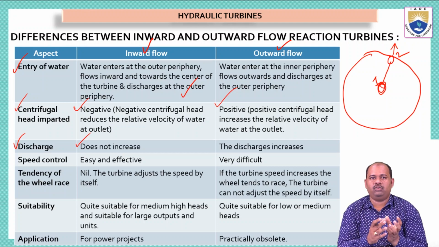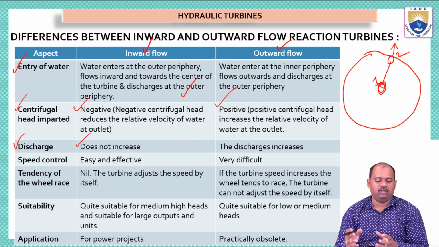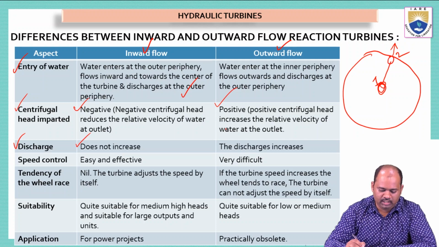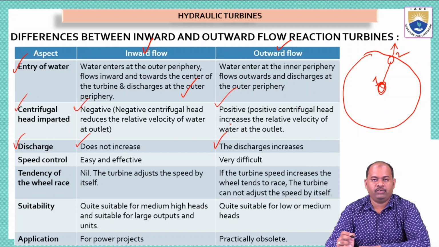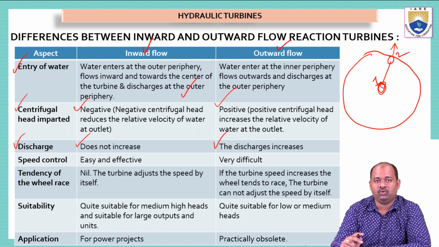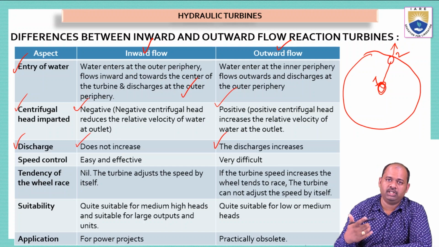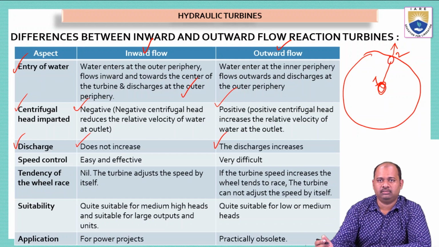The amount of water coming out of the penstock will directly come out through the draft tube. In the outward flow reaction turbine, the discharge always increases, because we will have more velocity, or more centrifugal head acting on the water.